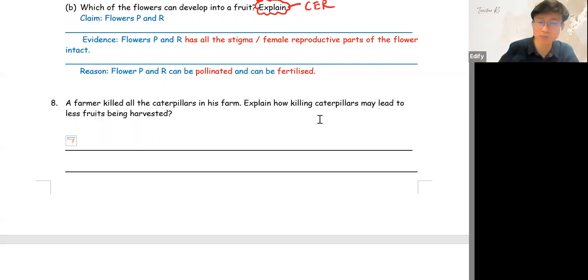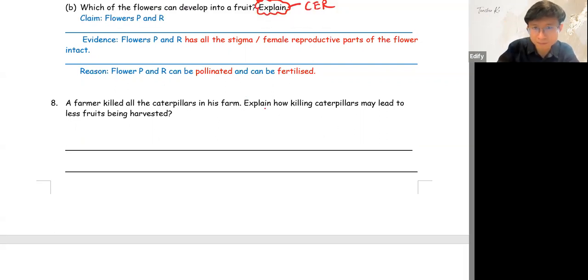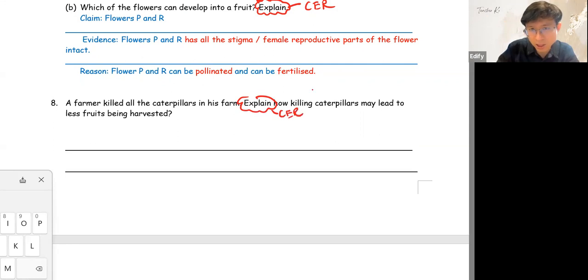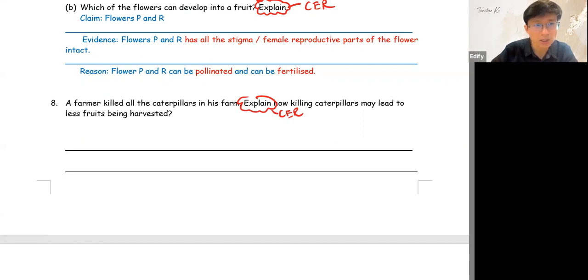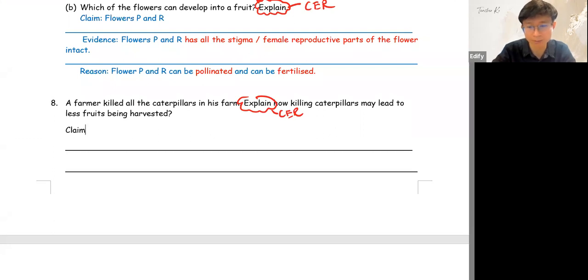Again, this is an explain question. Explain question meaning CER. Right, CER. So let's start from the C, our claim. In this case, there is no claim, because they didn't ask a question.